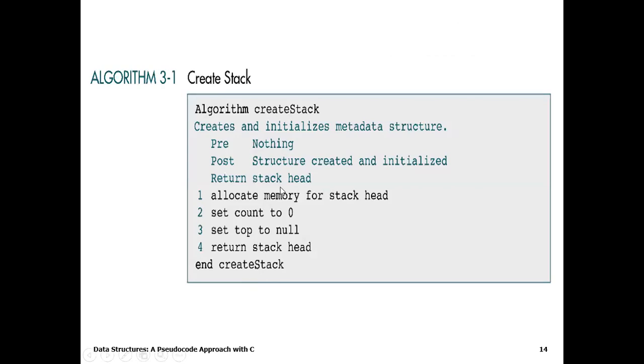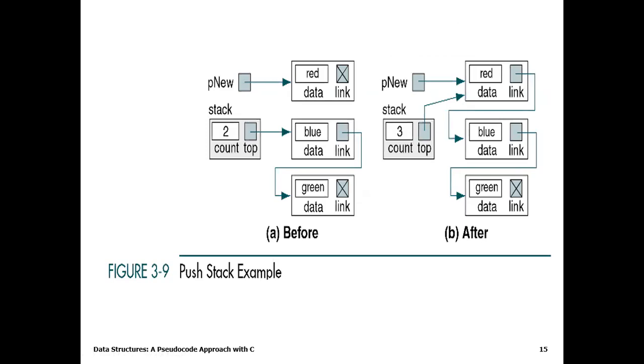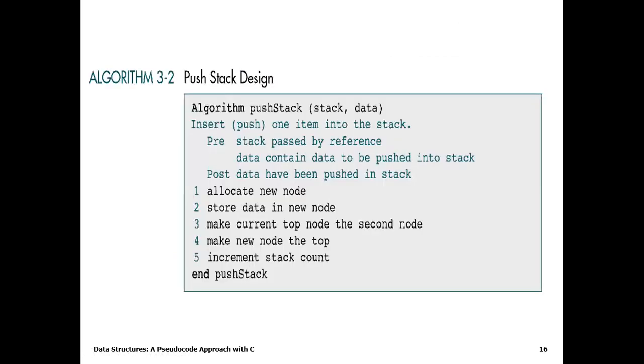So first, this is an algorithm for creating a stack. So now I will create an empty stack, allocate the memory for the head structure, and set 0 to the count variable and top to null. So using this algorithm, I created a stack. Now I'm using a push function. So push function in the stack will have the parameters, the stack memory location, and the data part, which I'm going to add into a stack.